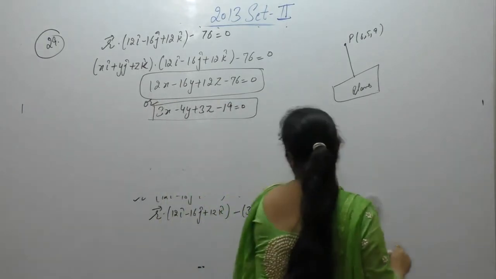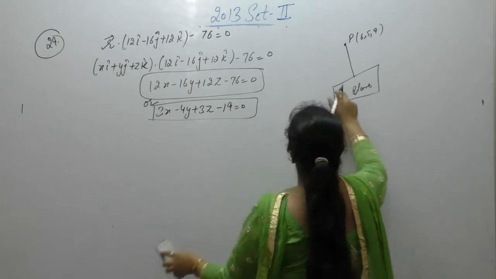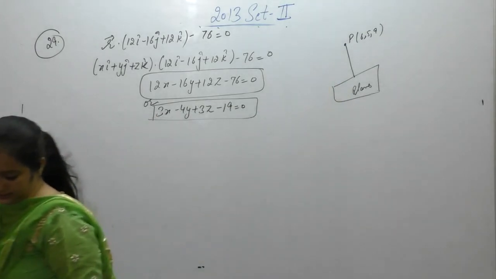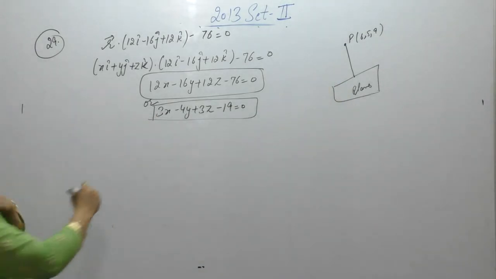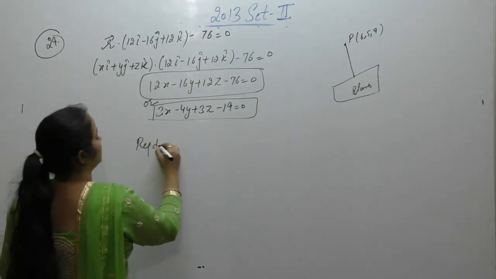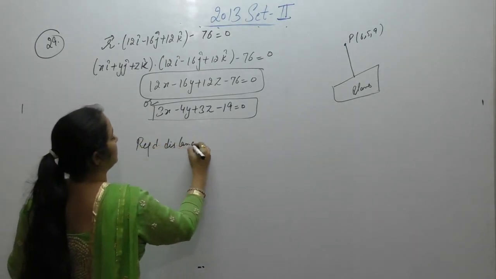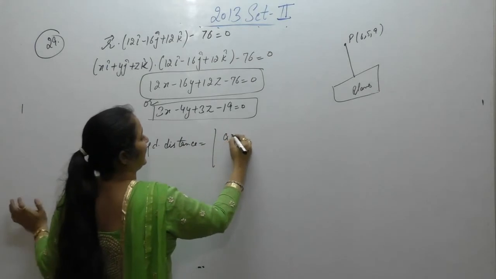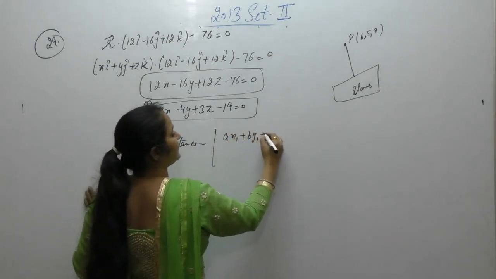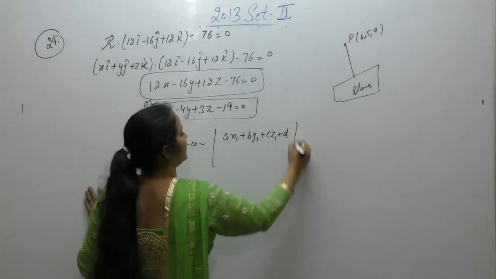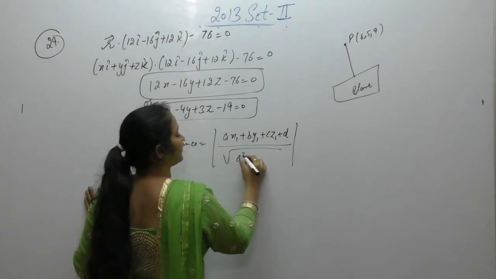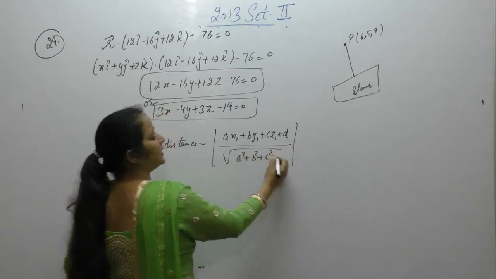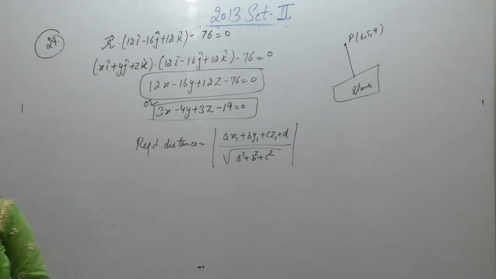Now we want to find the distance between the plane and the point. Now the required distance is (ax1 plus by1 plus cz1 plus d) upon square root of a square plus b square plus c square.